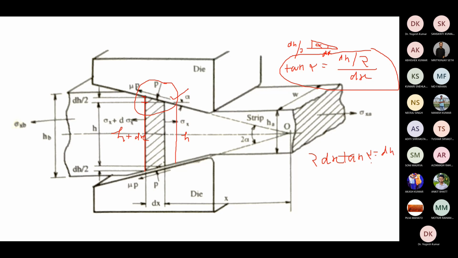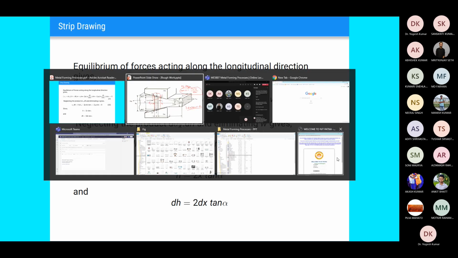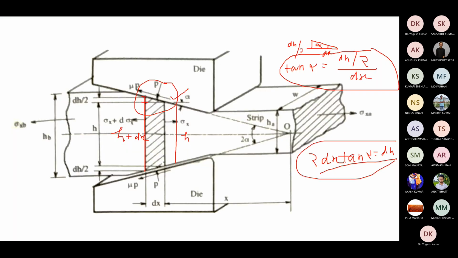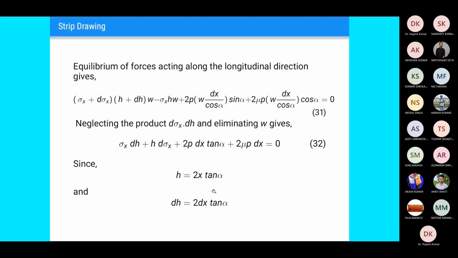You can simplify these mathematical terms by yourself. The final result is dh equal to 2 dx into tan alpha, like I have explained here. These mathematical terms I expect that you will be practicing.